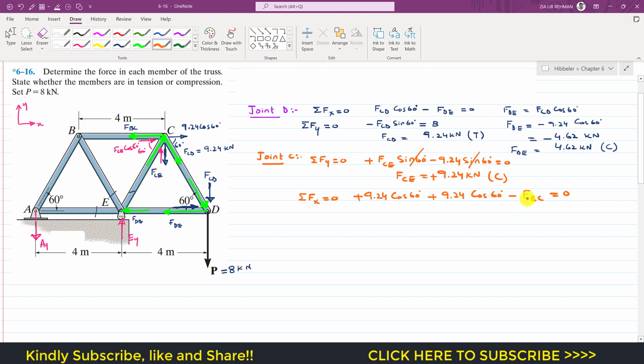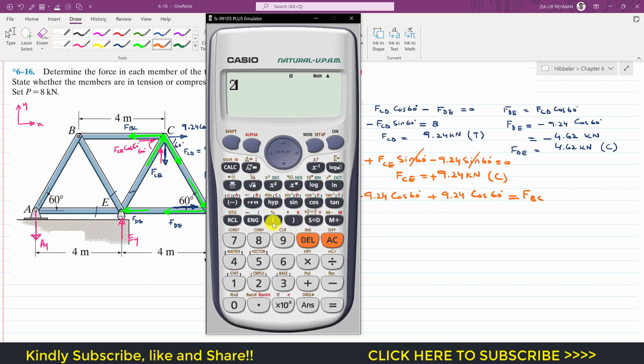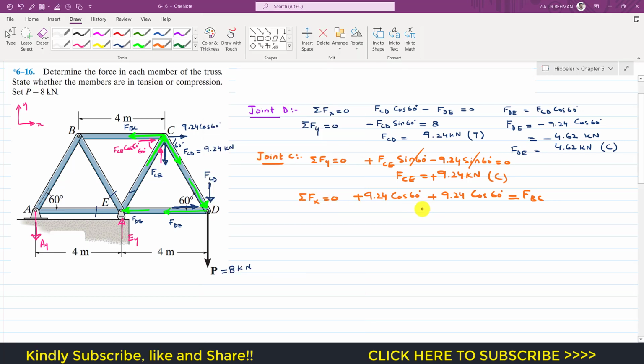So this is equal to 0. And if I bring this FBC to the other side, we will have the equation like this. So this is 2 times 9.24 cos of 60. So FBC is 9.24. So FBC equals 9.24 kilonewton. And FBC is acting away from the joint C. So this means that the BC member is in tension.